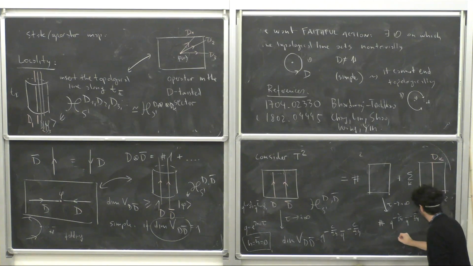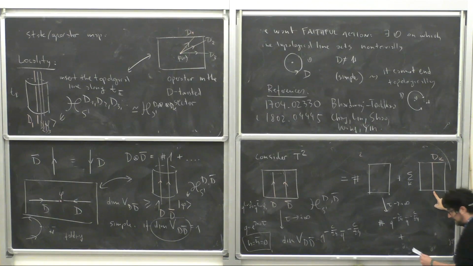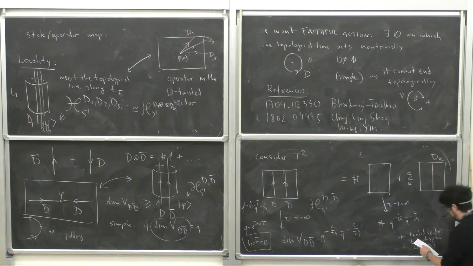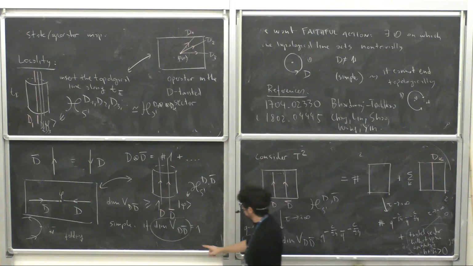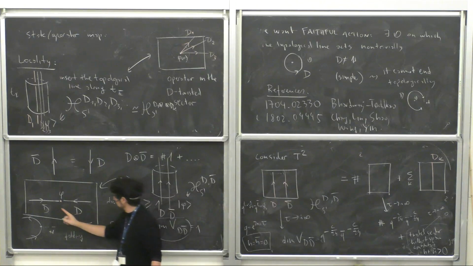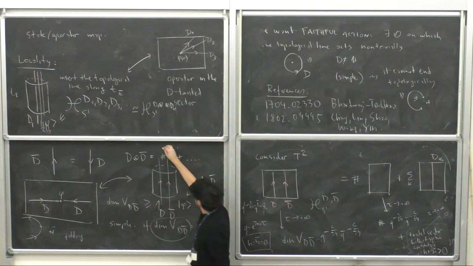And then here, you receive contributions, but these contributions are in the twisted sector Hilbert space, and for this reason, they always have h plus h bar greater than 0. And so they just go to 0 in the limit tau goes to i infinity. So you see that the dimension of the space of topological points between d and d bar is equal to this coefficient.